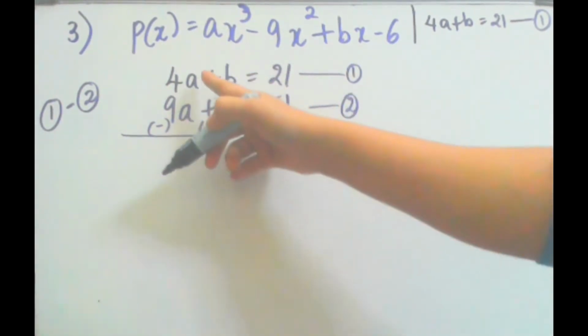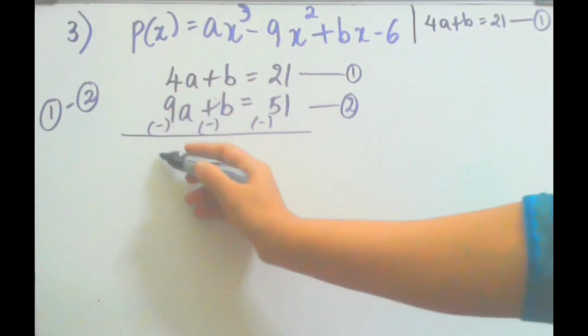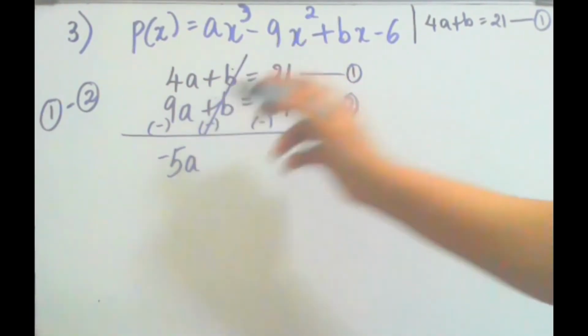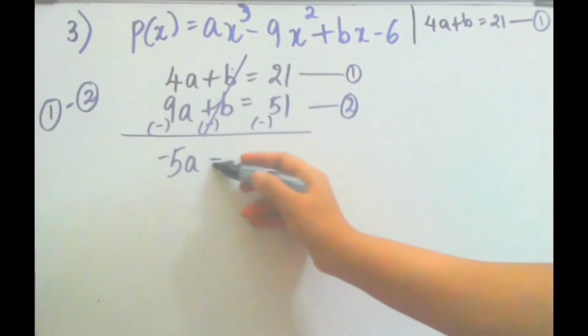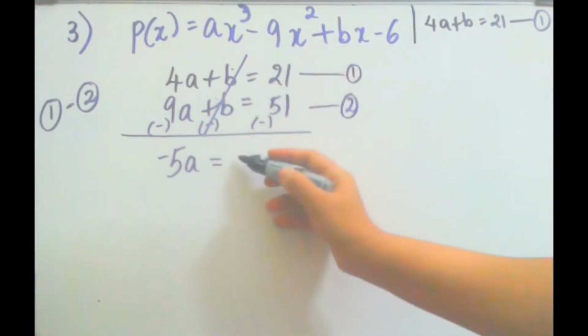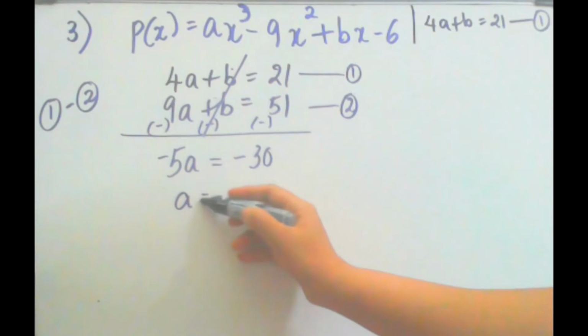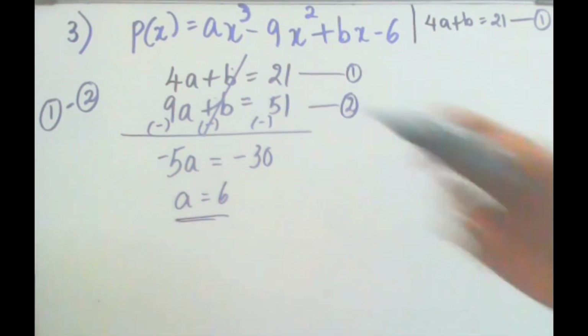So now we will see it is 4a minus 9a, I get minus 5a, plus b minus b cancel out each other, equal to minus 51 plus 21, I get minus 30. So this gives me a is equal to 6.